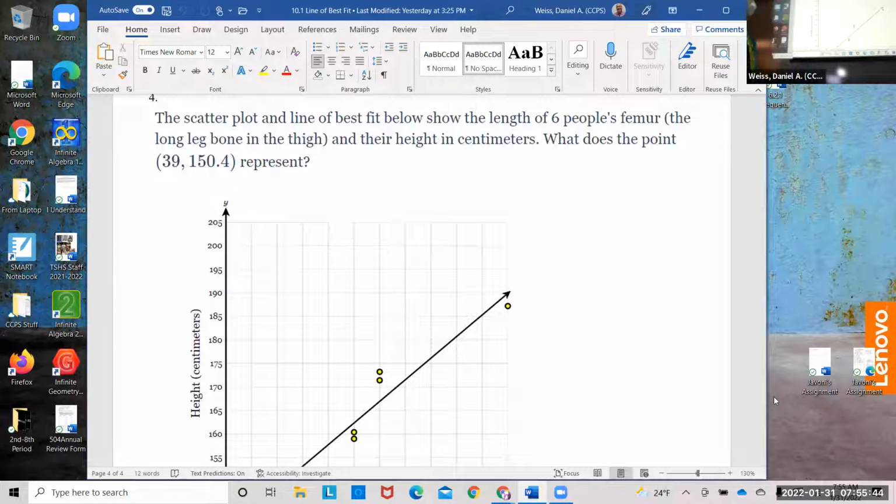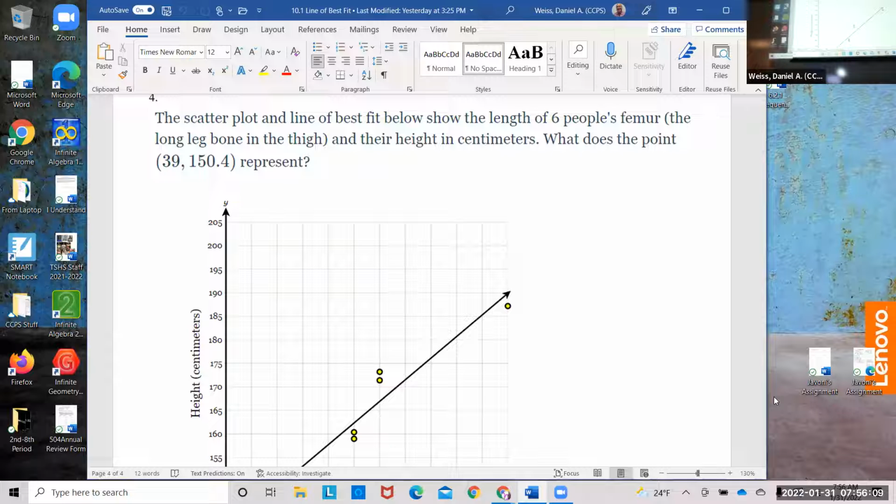The scatter plot and line of best fit show the length of 6 people's femur. Who knows what a femur is? Right? Although, thank goodness it tells me. It says the long leg bone in the thigh. Okay, so your femur, I guess, is somewhere in here.